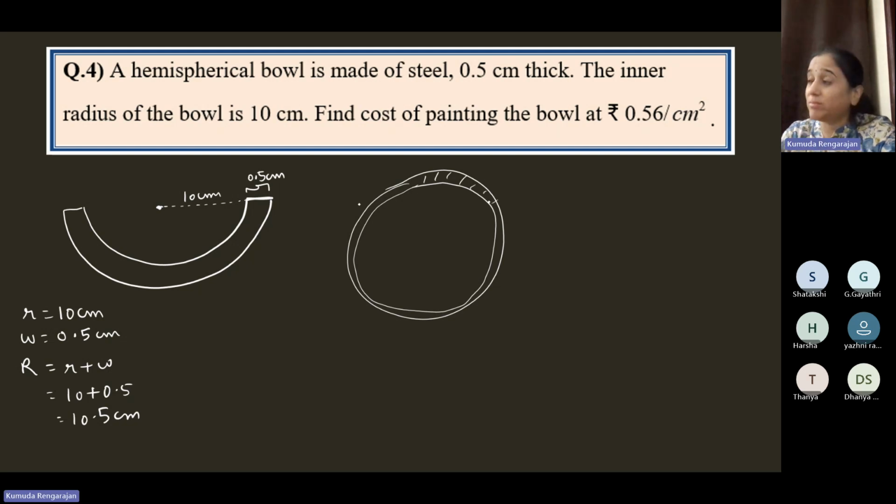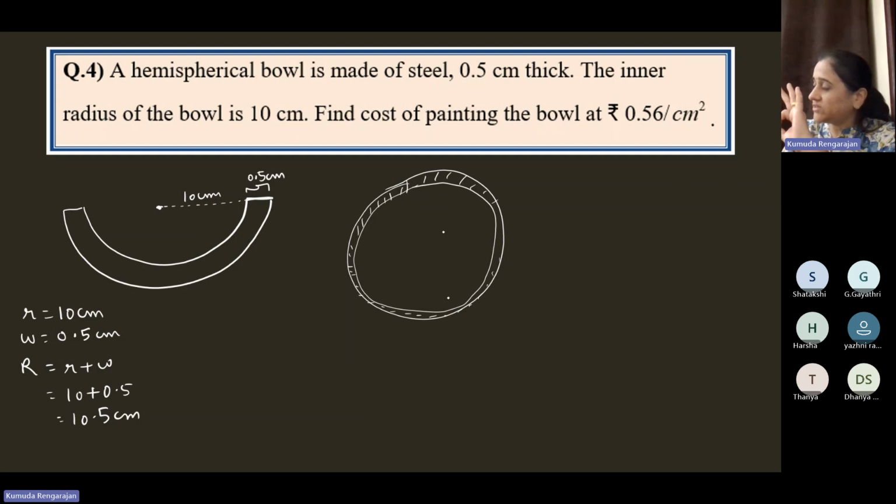That's the brim of the bowl. Because the material is thick, on the top you will see that brim, and that brim will look like a circular ring. This also has to be painted.